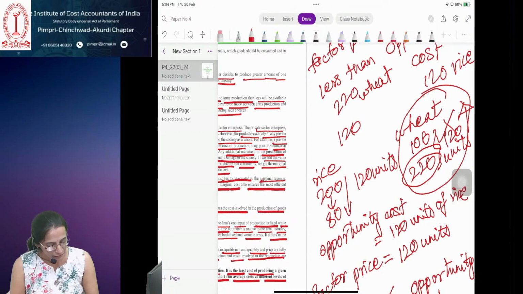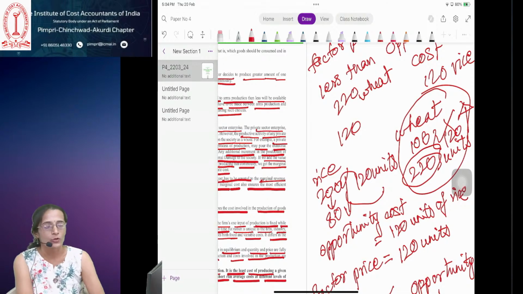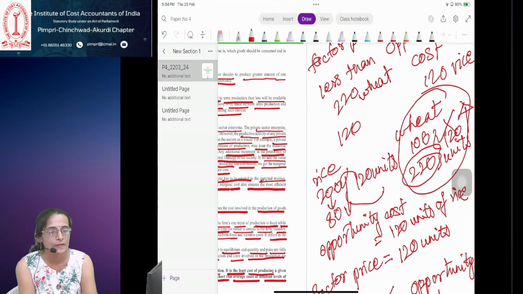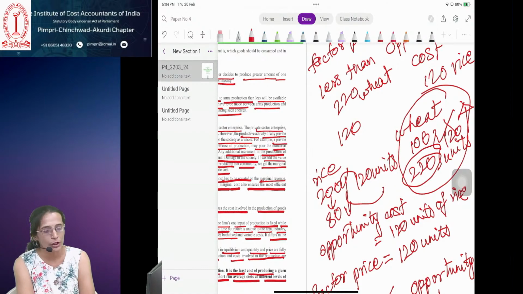We will divert it to rice or another crop which we can produce. So in short, what they are saying is that if the factor price is less than the opportunity cost, we will quit that factor and use that resource to produce another best alternative. Clear?